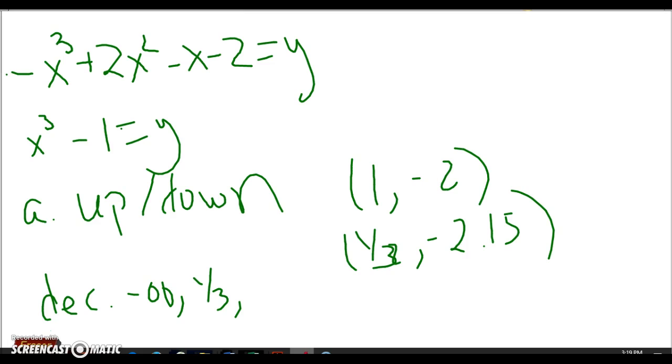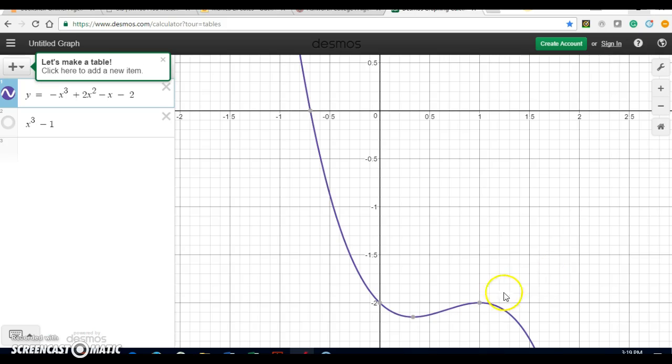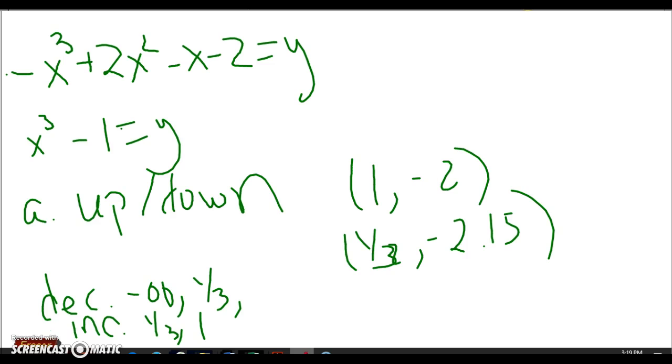I'm just looking at the x value. And then I am decreasing again from 1 to positive infinity. Okay?